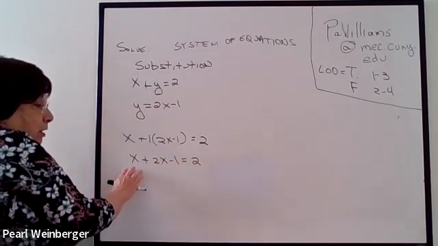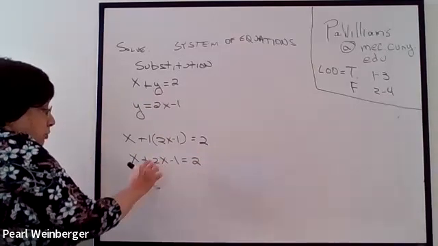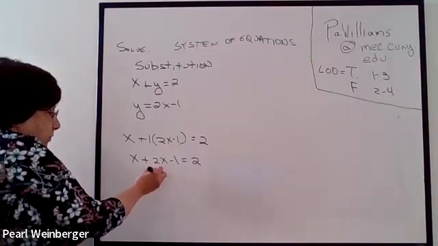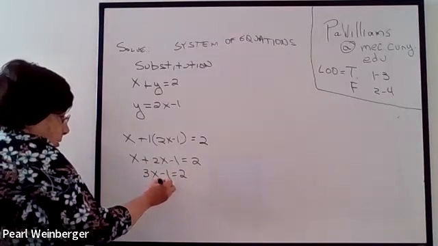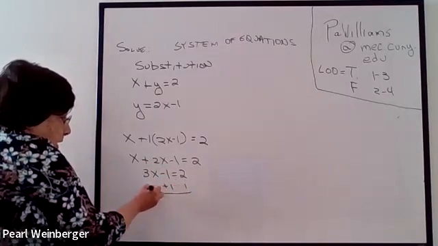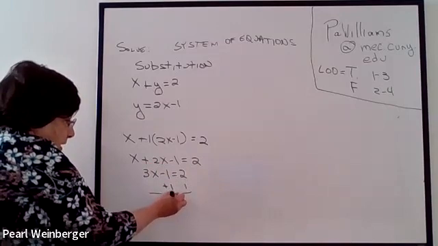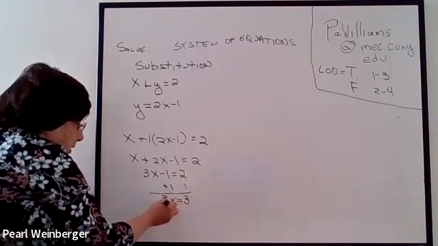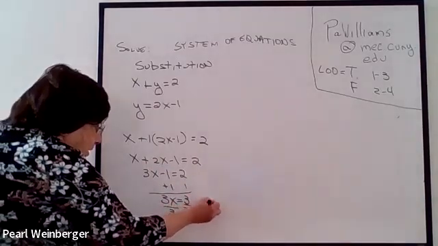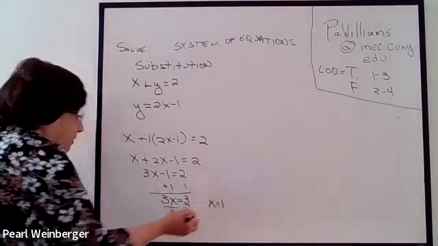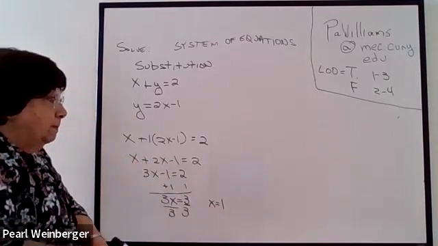It's really not a hard equation to solve. x plus 2x is 3x. So we have 3x minus 1 equals 2. All I have to do is add 1 to both sides and I'll get 3x equals 3. Dividing by 3, we get x equal to 1.